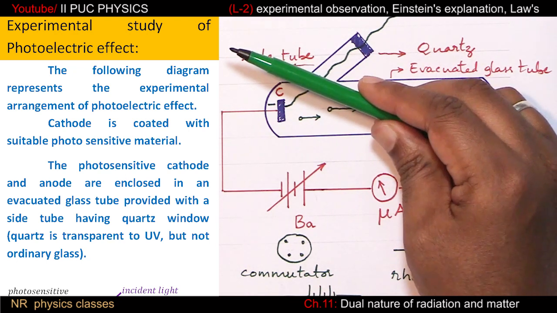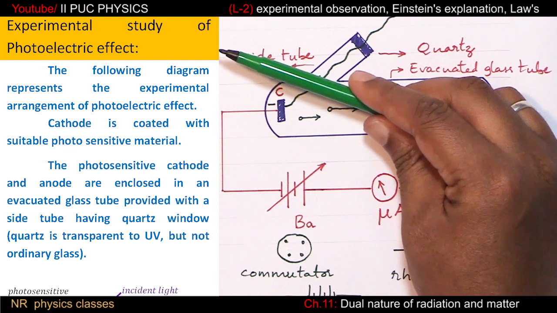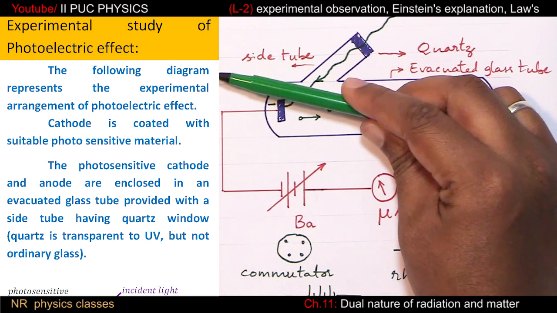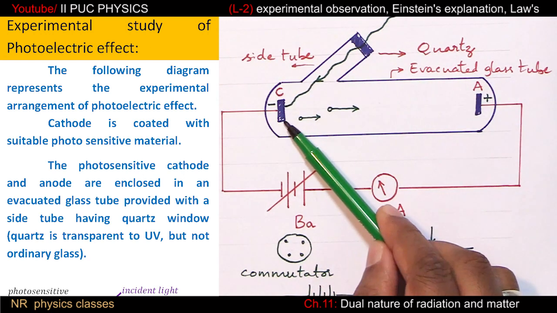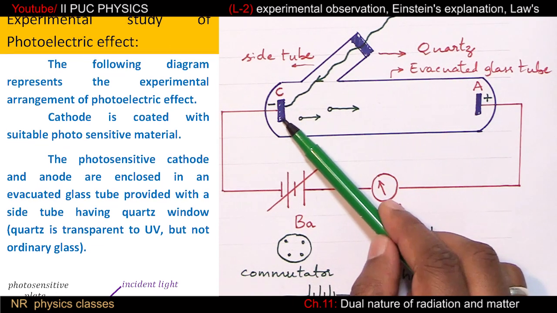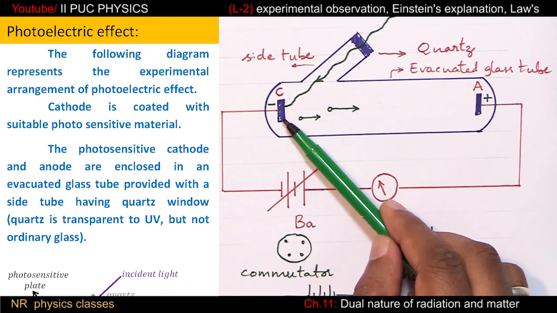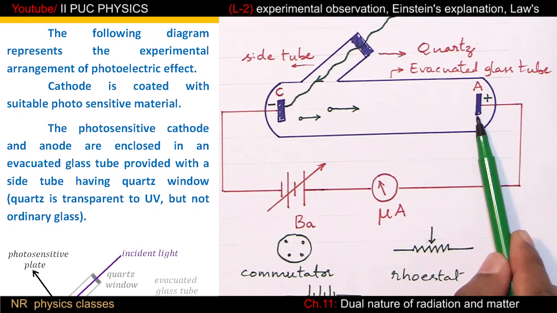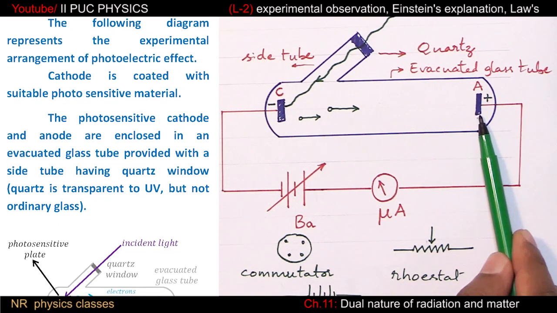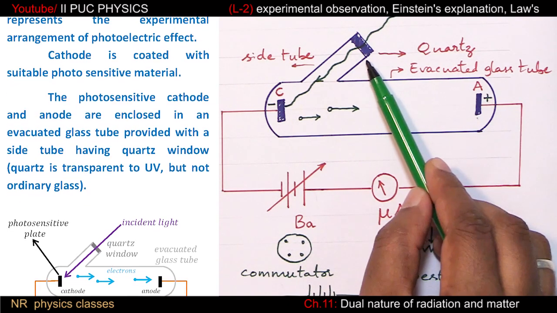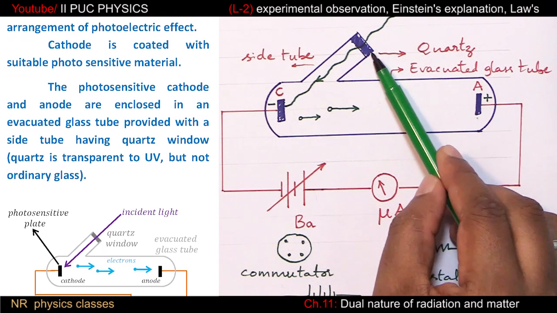The following diagram represents the experimental arrangement of photoelectric effect. Cathode is coated with suitable photosensitive material. The photosensitive cathode and anode are enclosed in an evacuated glass tube provided with a side tube having a quartz window.